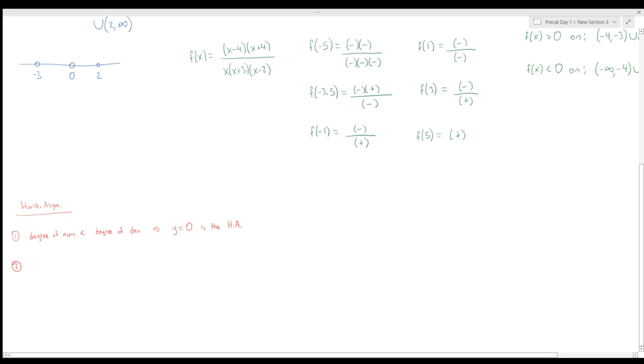I'll go over the other cases as well. So if the numerator has a higher degree, then your rational function will not have a horizontal asymptote at all. So there'll be no horizontal asymptote.